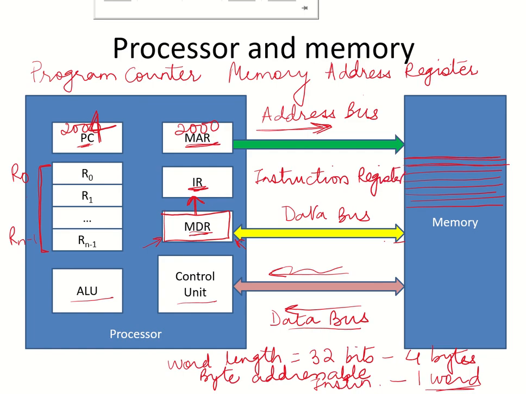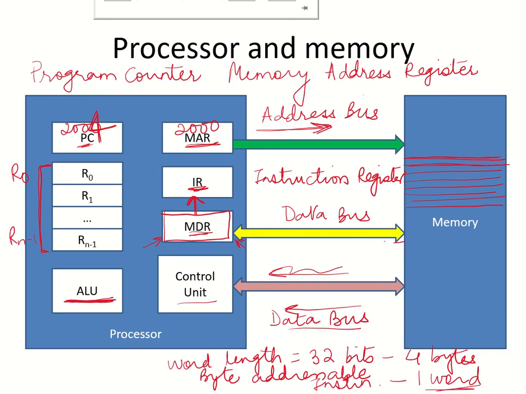This is attached to a decoder, where the decoder is part of this instruction register. It could be either way. This instruction will be decoded, and depending upon the instruction, if it is an add instruction or a subtract instruction, that operation will take place in the arithmetic logic unit.